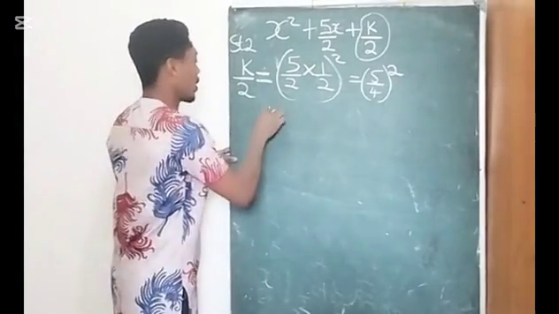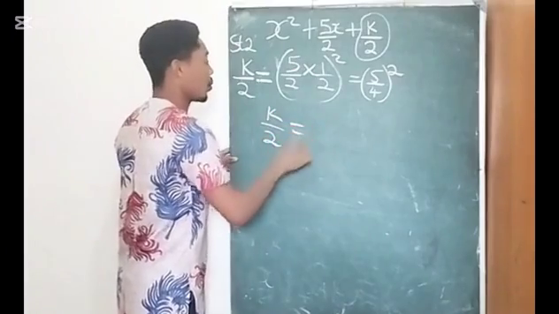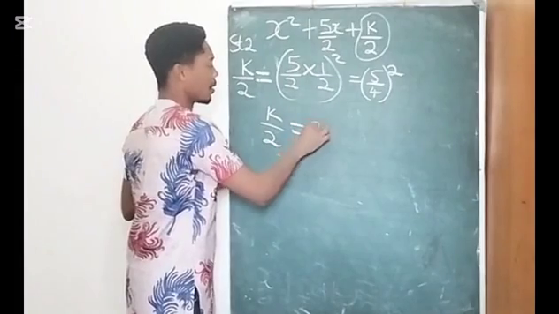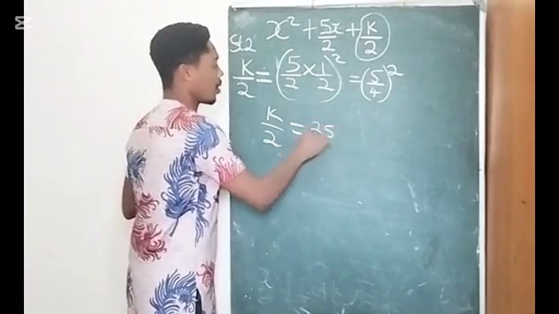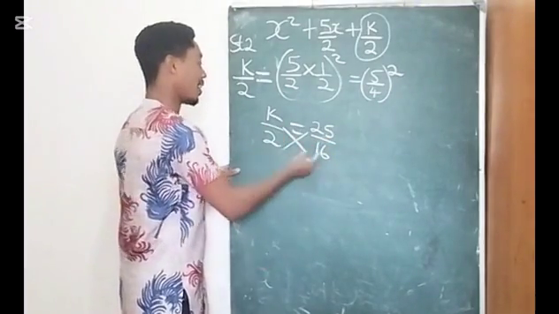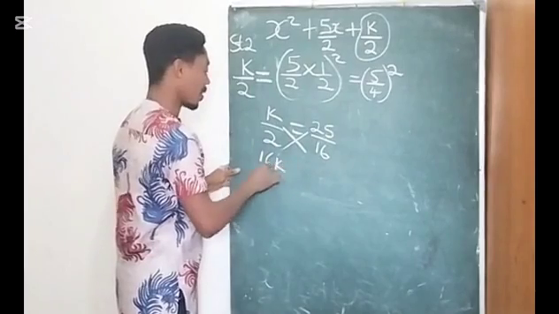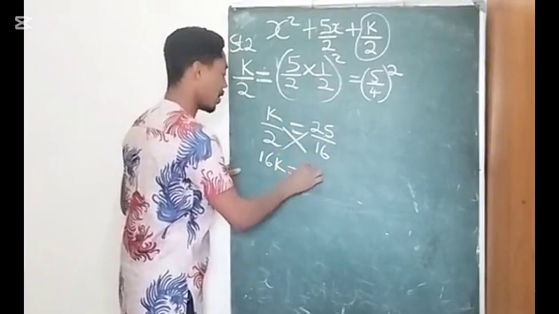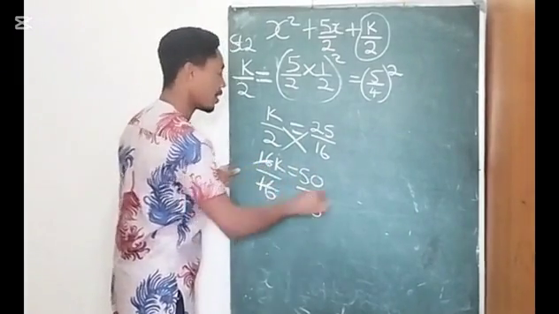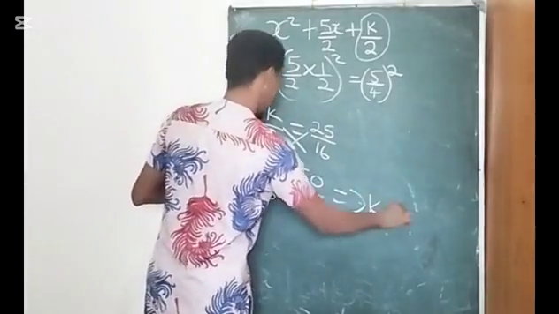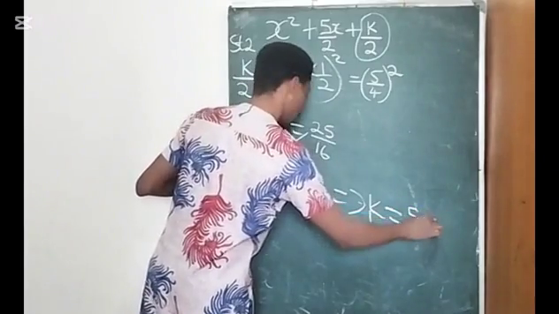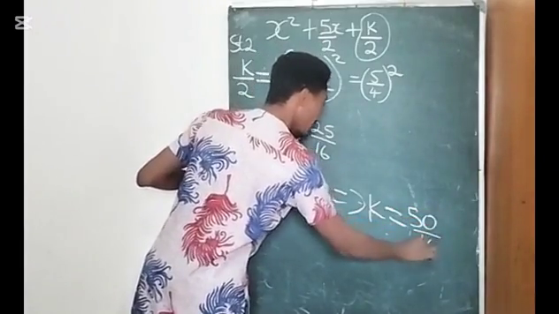Of course, that will become 25 all over 16. So to find k, this is 16k equals 2 times 5, which is 50. So to find k, I divide both sides by 16 so that k is equal to 50 all over 16.